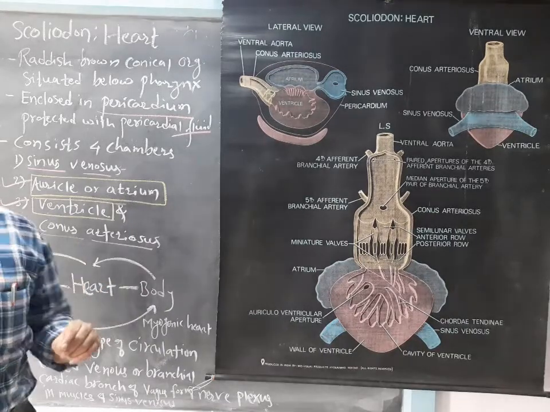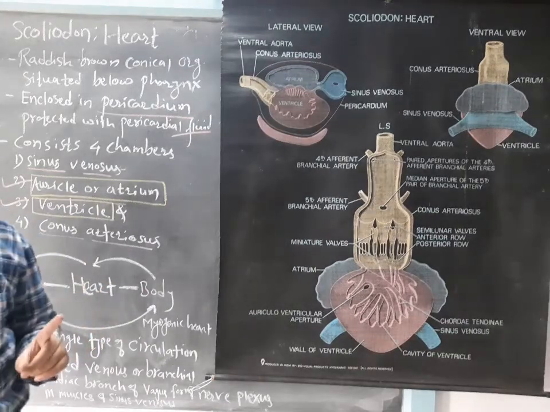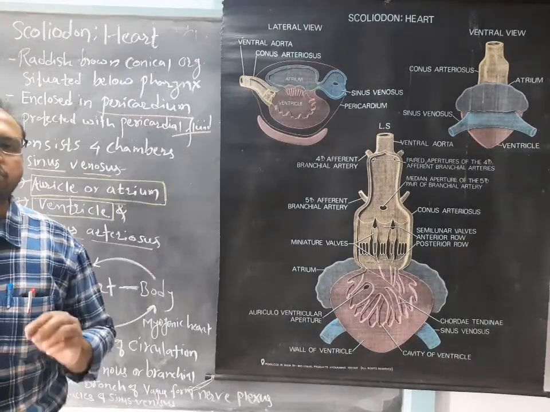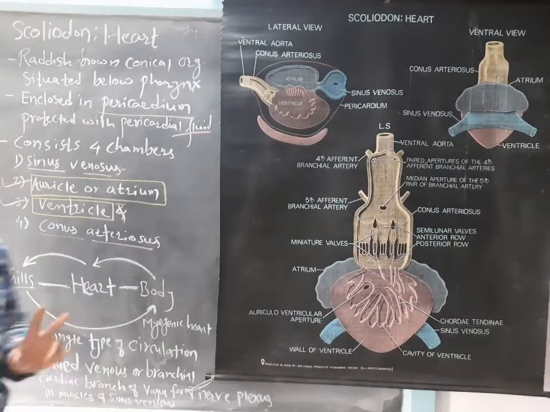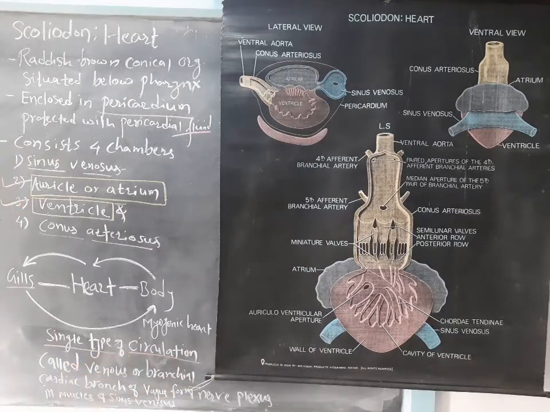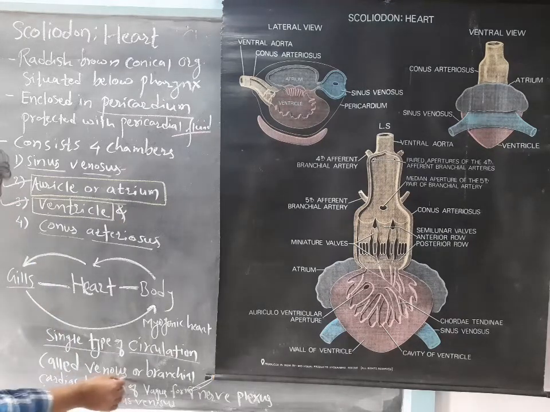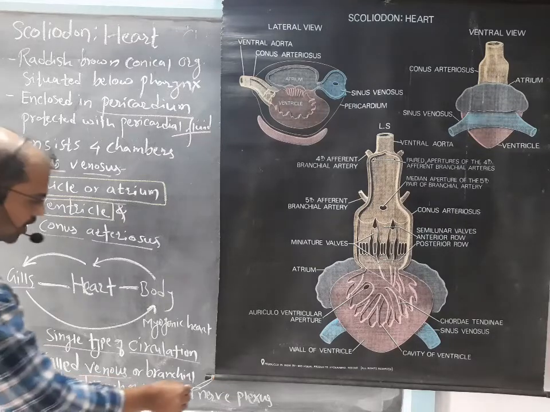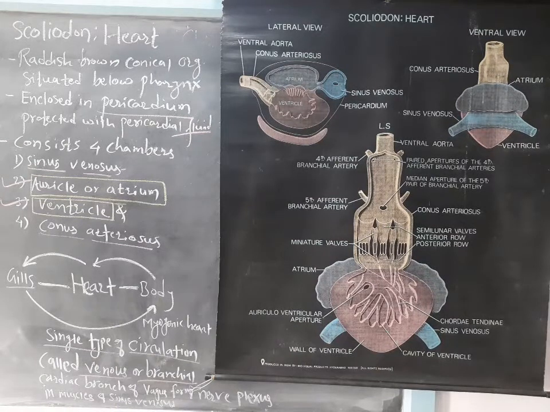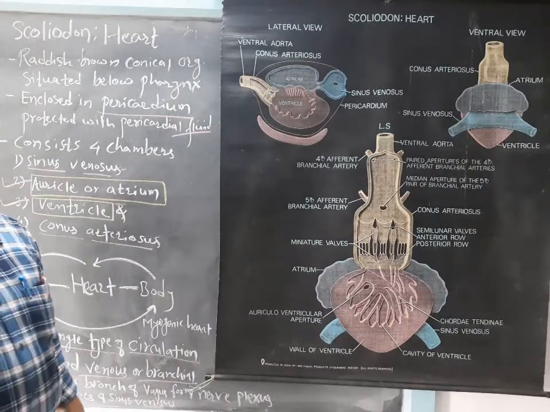So the heart receives blood only once, only the venous or deoxygenated blood. This is called single circulation. That's why this is called the venous heart or branchial heart, because it only receives the deoxygenated blood from various parts of the body.